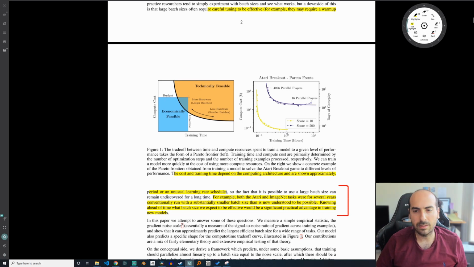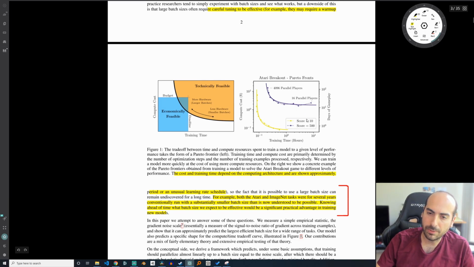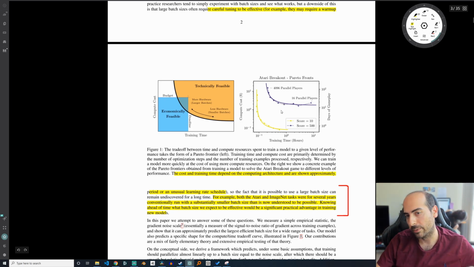Yeah, there's a couple of interesting things in this chart alone. So basically here what they're saying is that first off, the score here is much lower, right? And so this is saying that if you train for a relatively reasonable score but on a lot of machines, it's going to work really fast. But if it's a high score, as in it has to do really well, then you get diminishing returns essentially with more hardware.